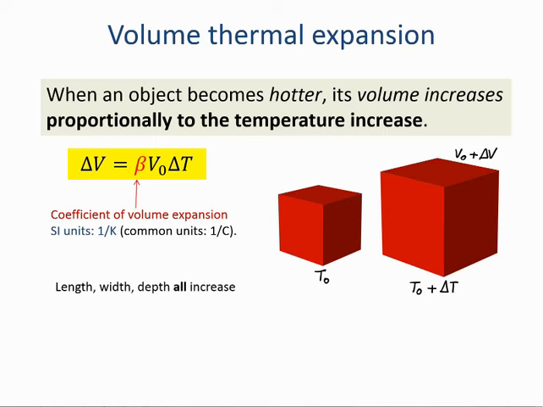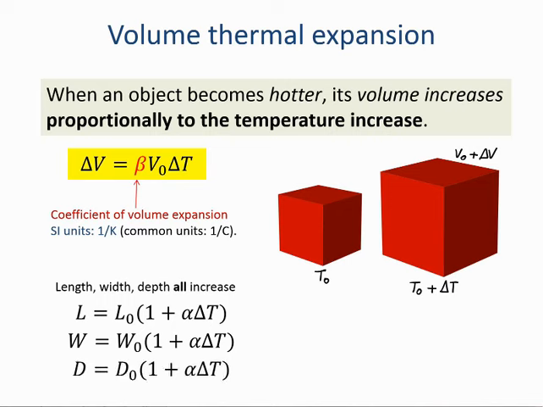The length, width, and depth of the solid will all increase with the coefficient alpha. So you could write for the length L0 times (1 plus alpha delta T), for the width W0 times (1 plus alpha delta T), and for the depth D0 times (1 plus alpha delta T).